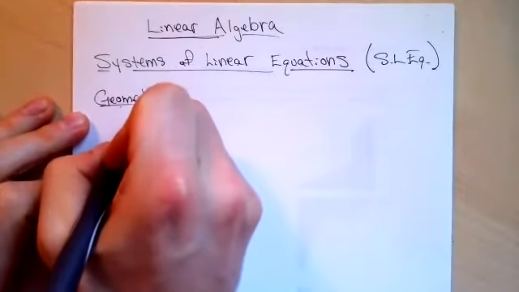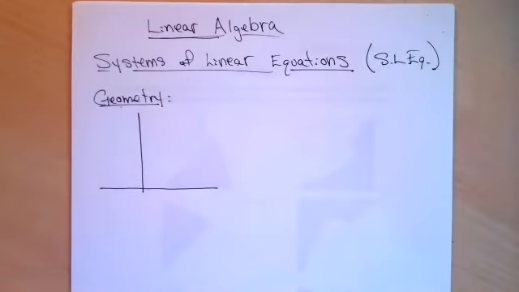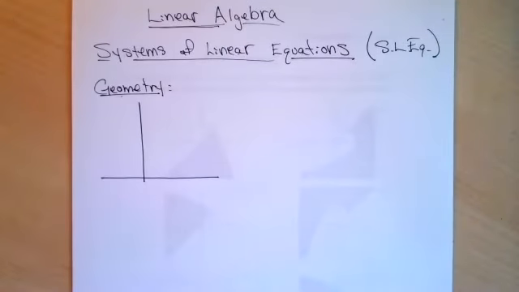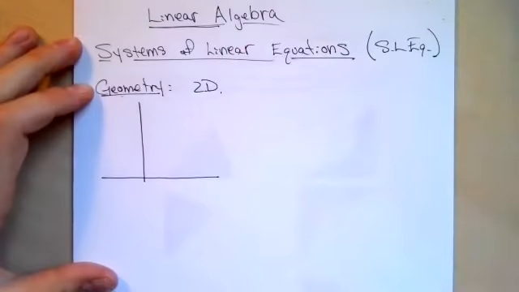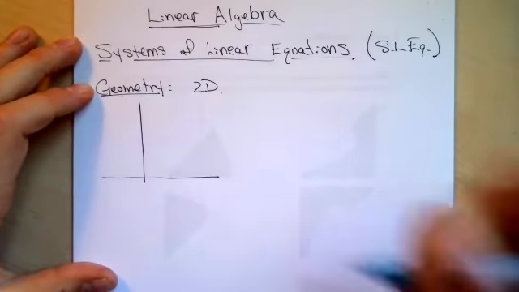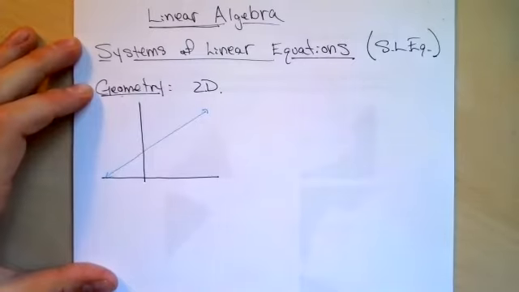So linear equations in calculus and pre-calculus, hopefully you've learned, are just lines in 2D. So for example, we can have one linear equation representing a line.